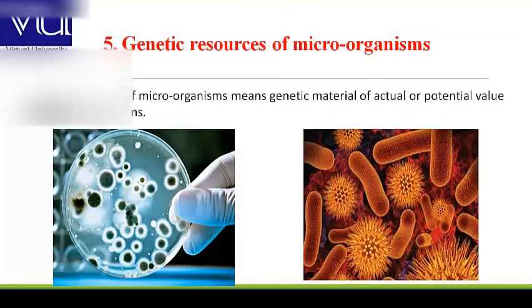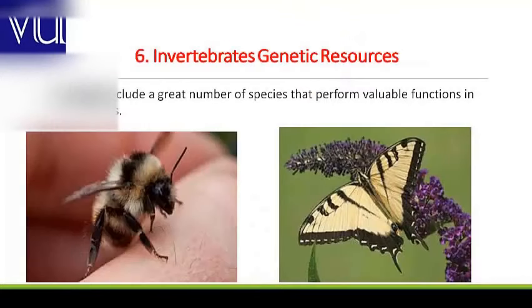They are also important with regard to conservation of food products as well as in the production of processed food such as milk, cheese, etc. So we can say that the heritable or genetic material of actual or potential value for the future or for the present which is present inside these microorganisms is known as genetic resources of microorganisms.